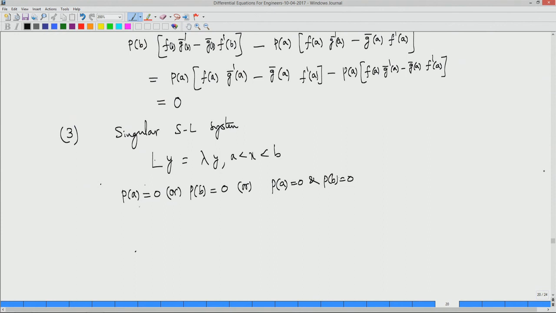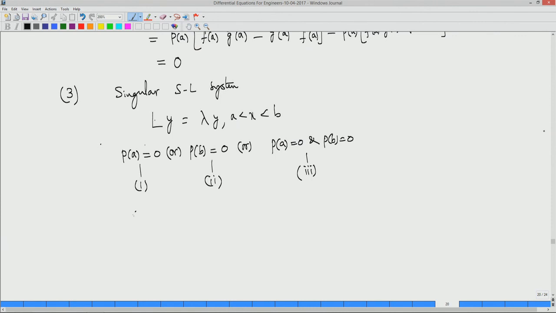So, this is case 1, this is case 2, this is case 3. Okay. In this first case, let us look at case 3 as the first one. Okay. So, if you want this, you write it as this and this both are 0, this you put as R. So, this is your case 1, this is your case 2 and this is your case 3.